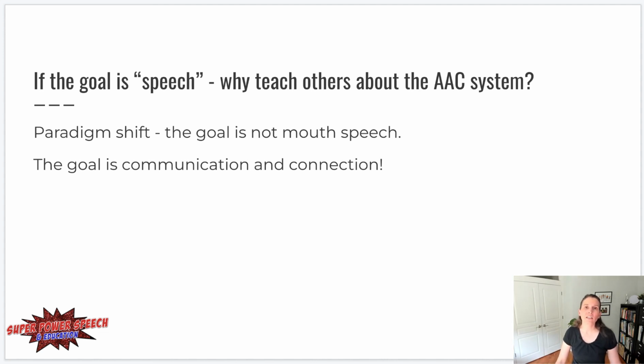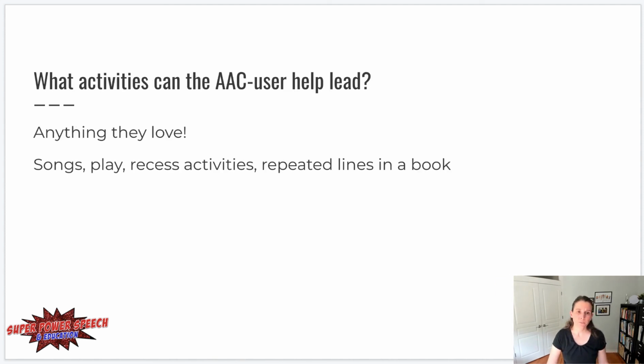I think that it's really important here that we get our communication partners to understand that the goal is not mouth speech here. That what we really want to do is make sure that our AAC user has a way to communicate and a way to connect with others. And by making the assumption that the child is going to use mouth speech or should be using mouth speech, we're just looking at it the wrong way.